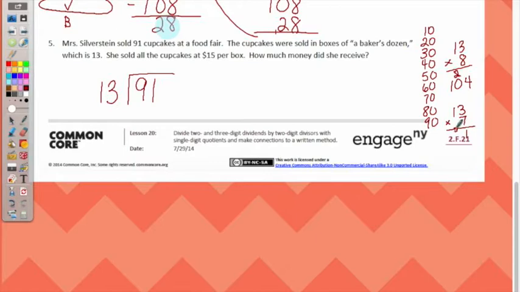Oh, this is looking good. So what's the answer to 13 times 7? So the reason I wanted you to see this is the value of doing the multiplication over to the side.